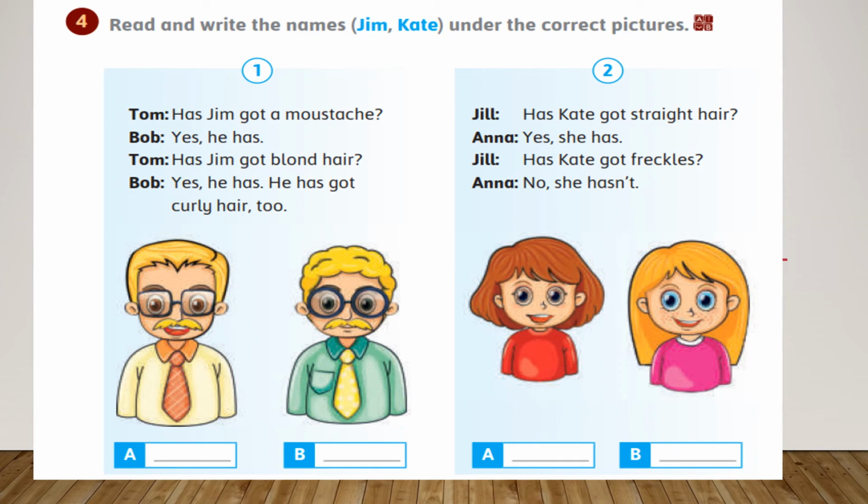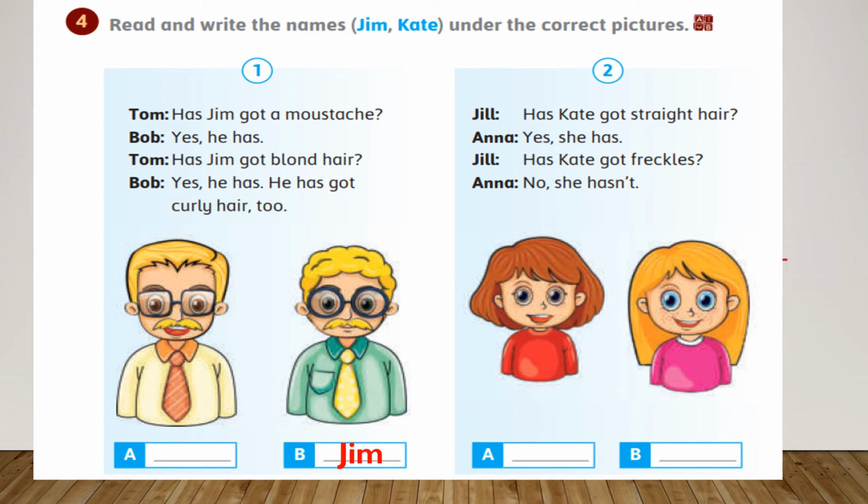So, which one of these is Jim? We said the last one, he has got curly hair. Of course, this is Jim, because it's true that both of them have mustaches, both of them have blonde hair, but only Jim has got curly hair.